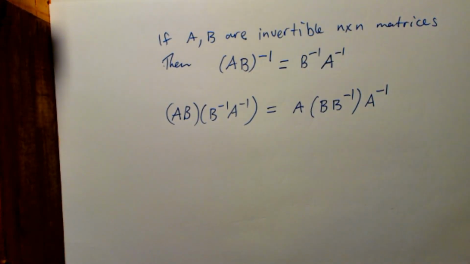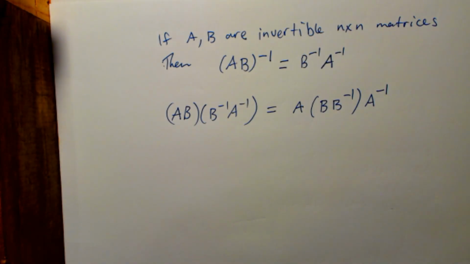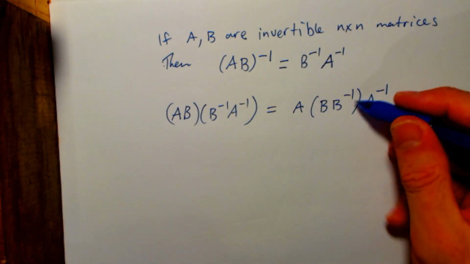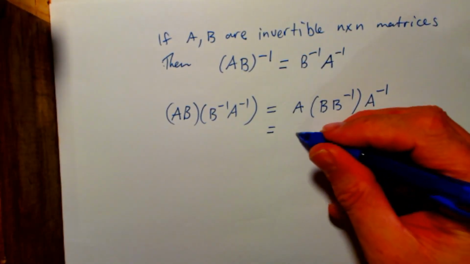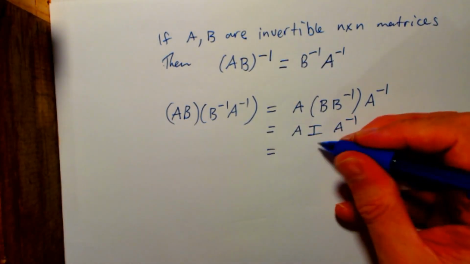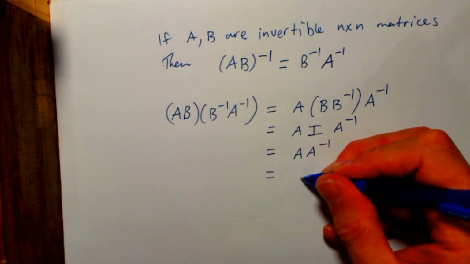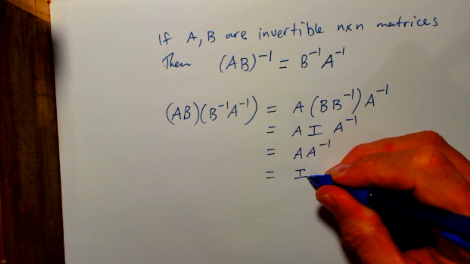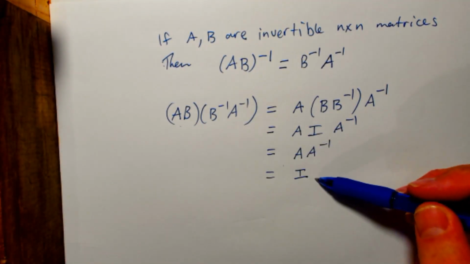Because with associativity, you can move your brackets around provided you don't change the left-right order. Okay, now B inverse is the inverse of B. So we've got A times I times A inverse, which is A times A inverse, and that's equal to I. Okay, so we've shown that this times this gives the identity matrix.